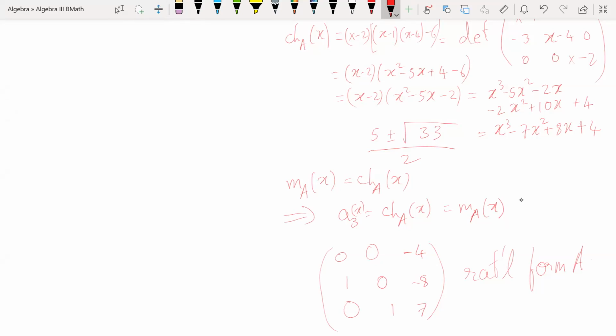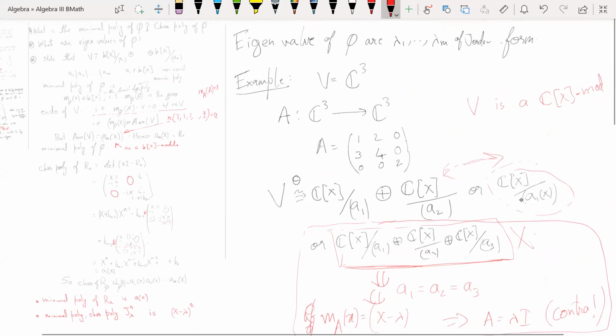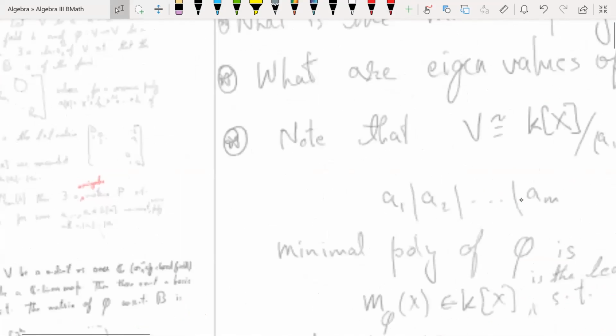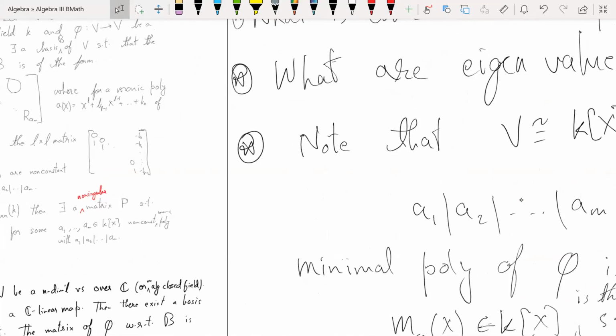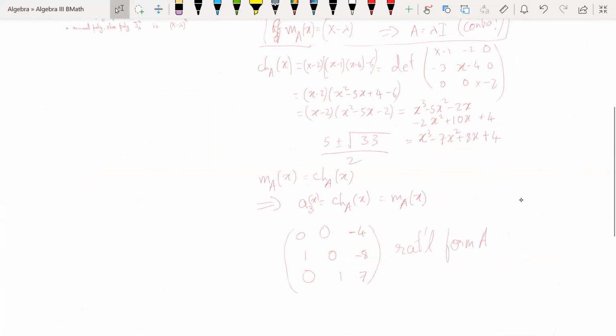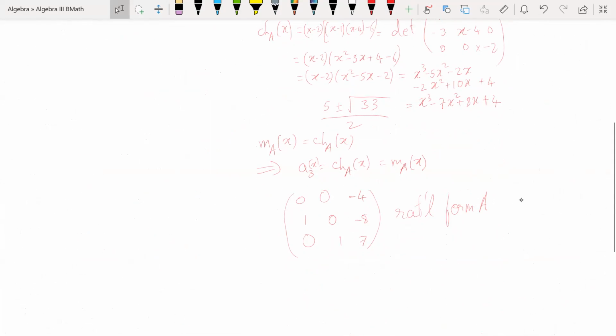This is how the rational form looks: zeros on the diagonal, ones just below the diagonal, and the last column holds the coefficients. I'm just trying to copy that algorithm, so just remember this.